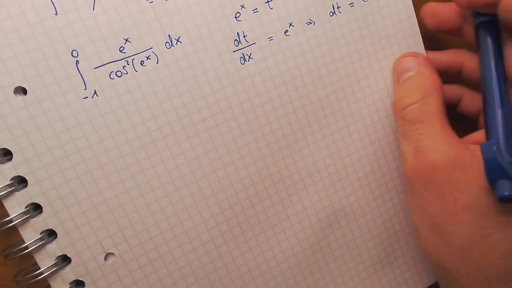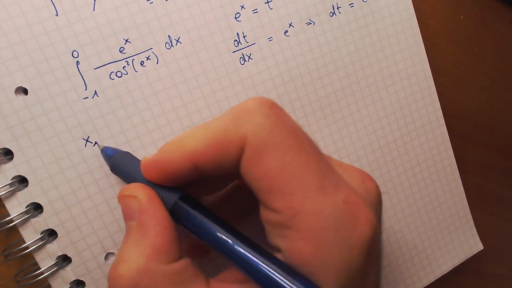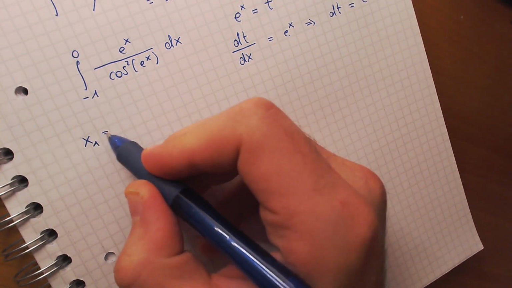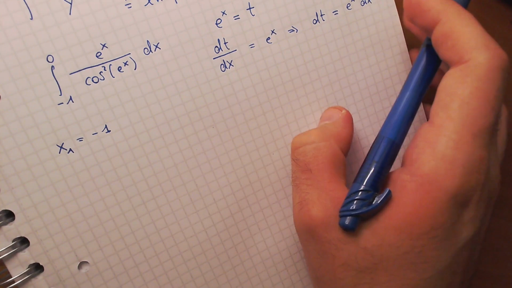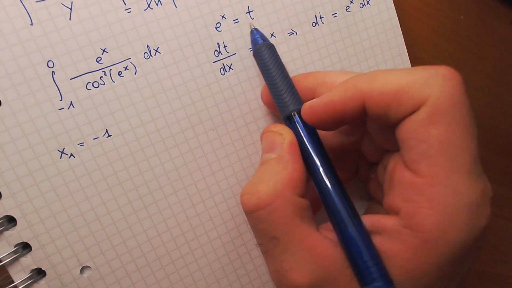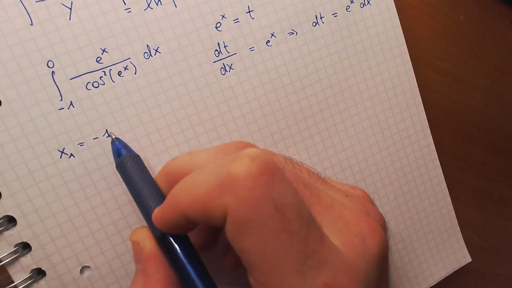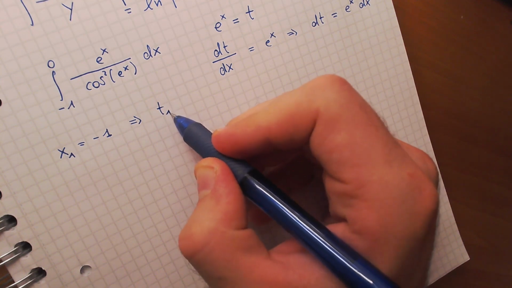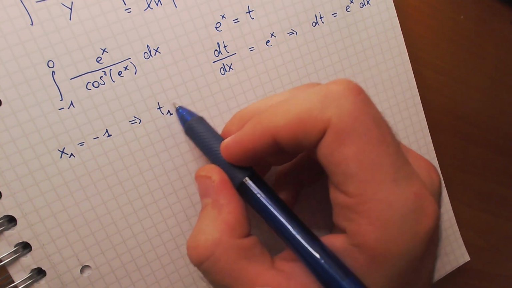So for this last step we have to consider the two limits. For x equal to minus 1, then t, let's call it t1, so the new limit with respect to t.